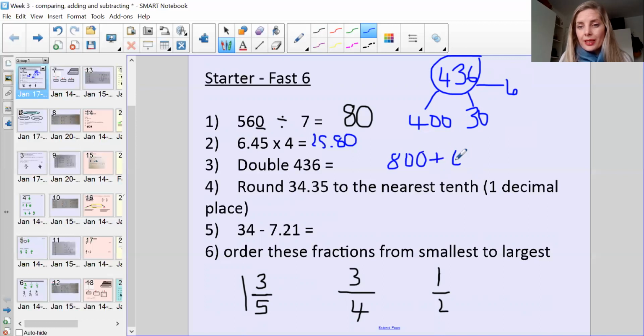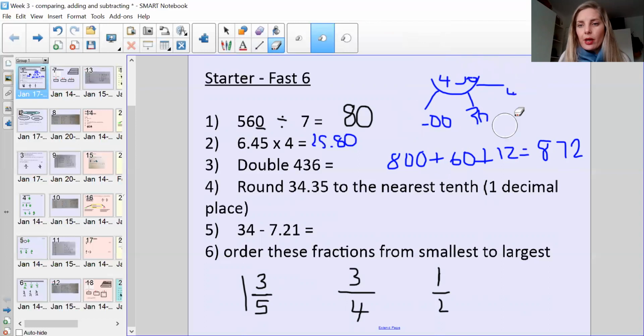Double 30 is going to be 60. And double 6 is going to be 12. And if I add all those numbers together, I'm going to get an answer of 872. Okay, 872. If you multiplied by 2 and did the vertical method, you would get exactly the same answer.